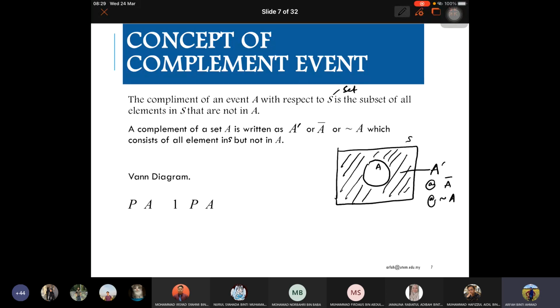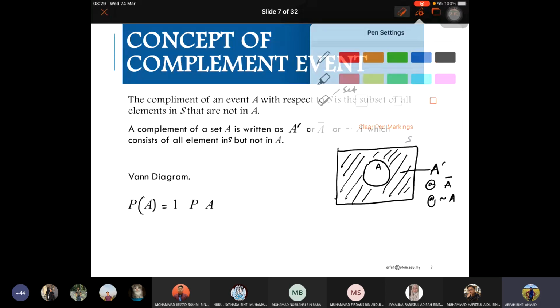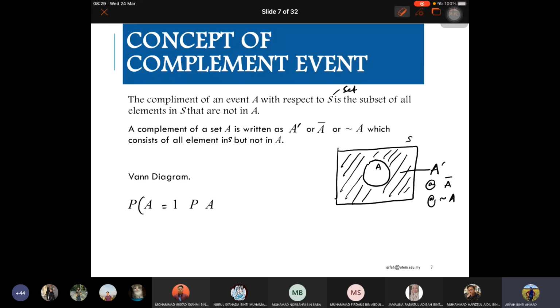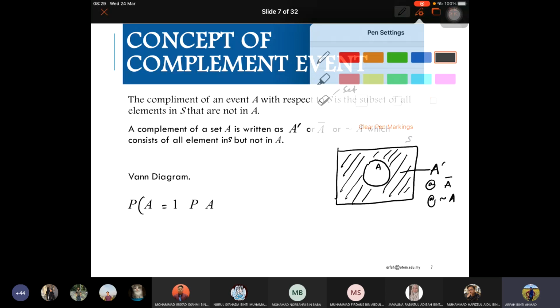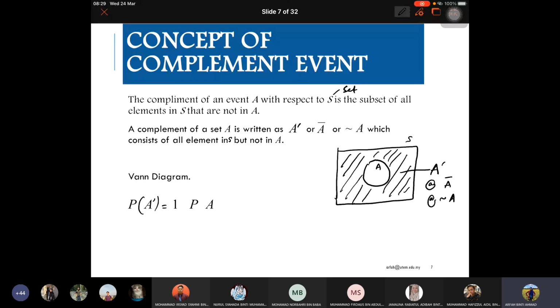Okay. So in this case, if you want to calculate the probability of the complement of A, probability of A prime, it will be equal to 1 minus probability of A. So ini adalah cara nak kira the complement of an event.